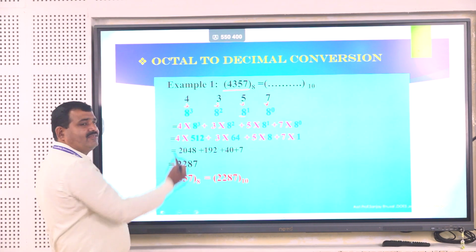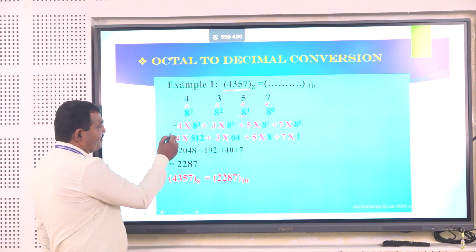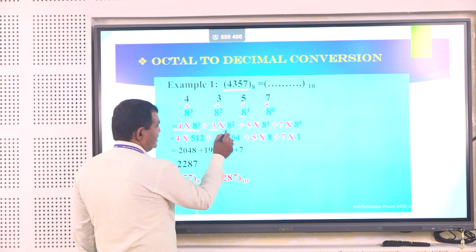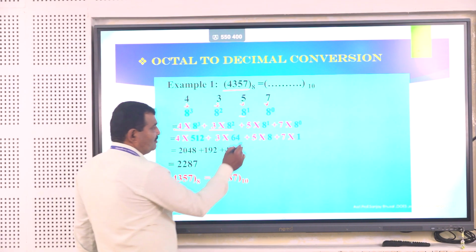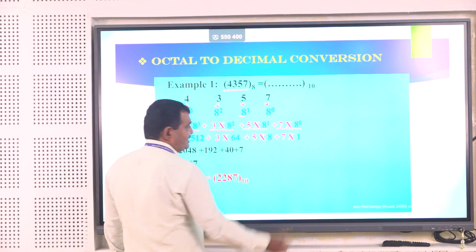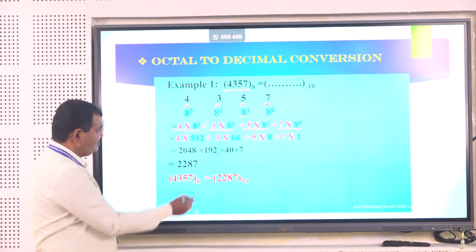So, we can write the weight of sum equation for this number as 4 into 8 raised to 3 plus 3 into 8 raised to 2 plus 5 into 8 raised to 1 plus 7 into 8 raised to 0.